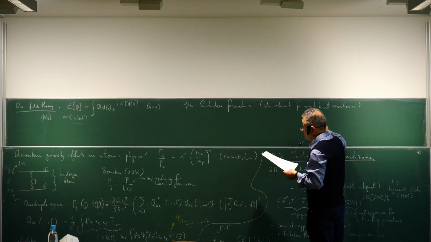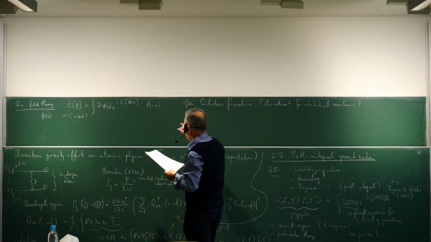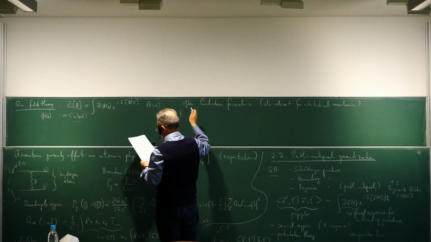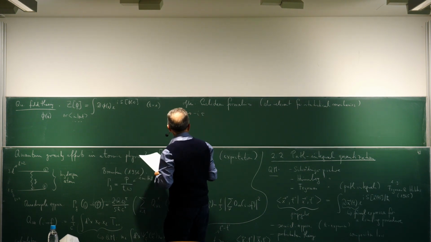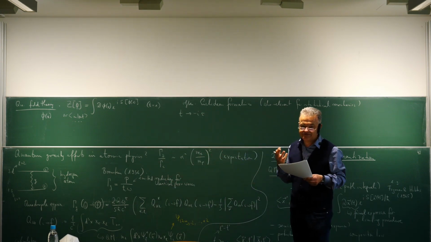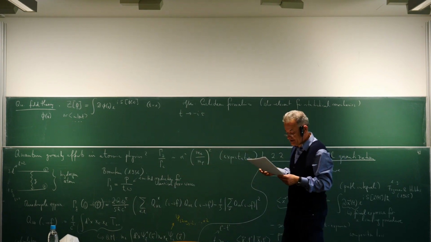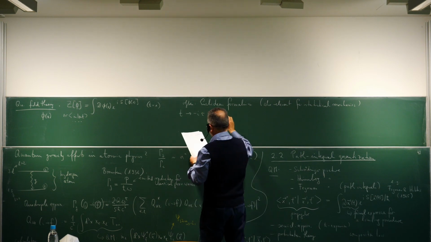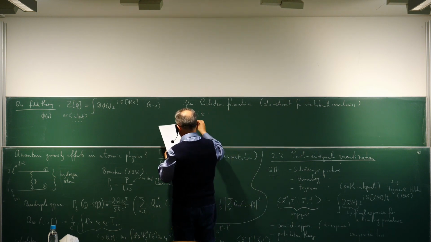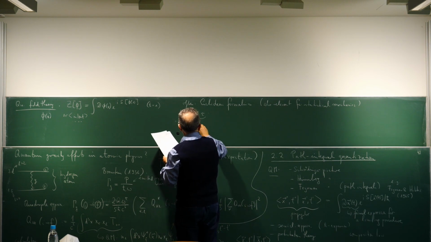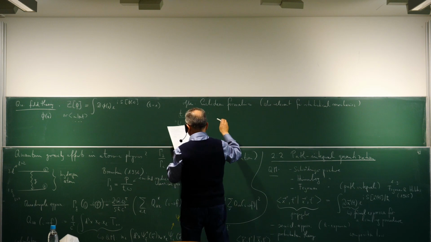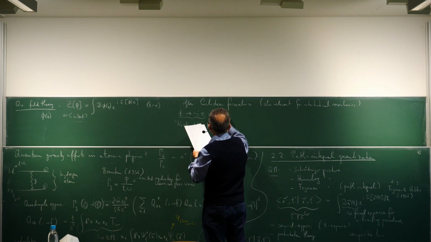And so what you do is you make a formal rotation of the Minkowski time variable t to minus i tau. So you use a complex time instead of the real time, and this is called a Wick rotation in the complex plane. Then the action transforms as follows.